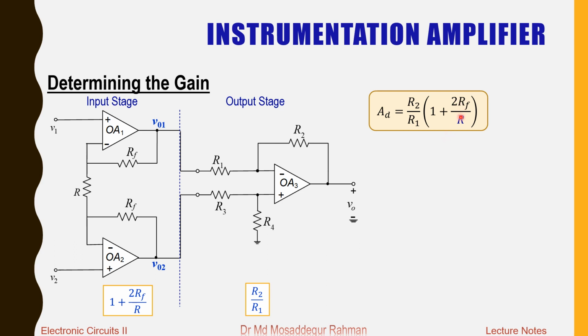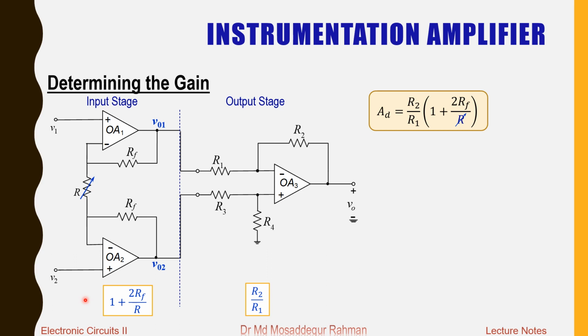We had RF by R, now we have 2RF by R. Not only does it increase the gain, it also makes it possible to vary the gain easily, because if you look at this gain expression, we have this R here in the denominator, and we have only one single piece of R in this circuit. So if you vary this one single piece of R, which we can easily vary, then we can vary the gain, and you don't have to vary two resistors at the same time.